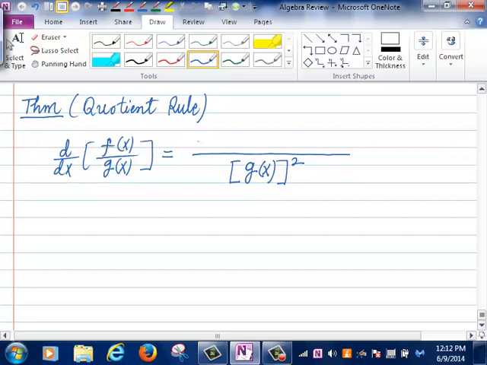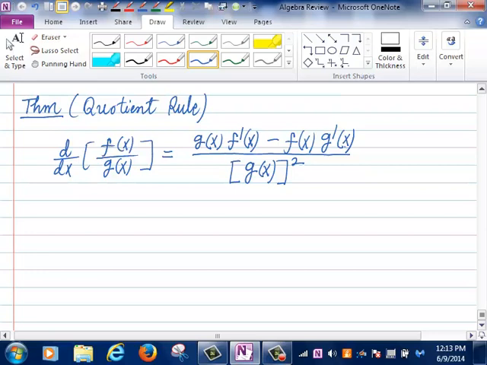You have the denominator g of x multiplied by the derivative of the numerator f of x, minus the numerator multiplied by the derivative of the denominator. Am I making sense? So the quotient rule is you take the square of the denominator, and in the numerator you have the denominator multiplied by the derivative of the numerator minus the numerator multiplied by the derivative of the denominator.